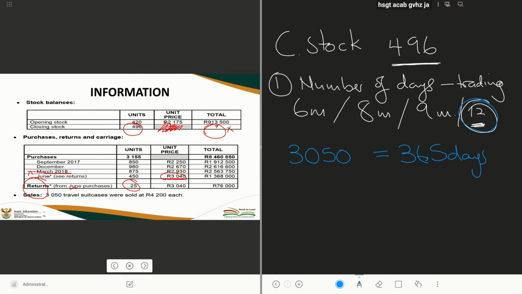So if that is what we sold, therefore, we want to know how long, in terms of days first, how long it will take us to sell the 496. So if it took us 365 days to sell 3,050, how long will it take us to sell 496?